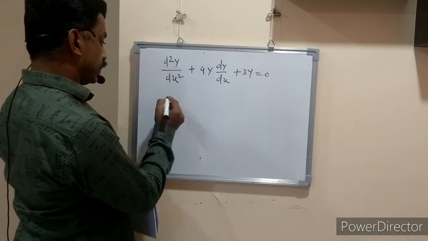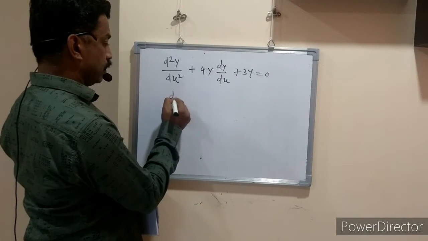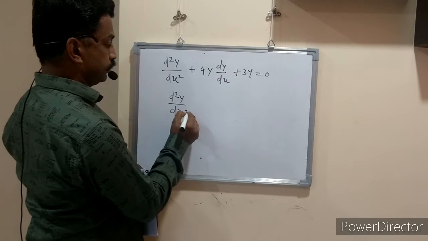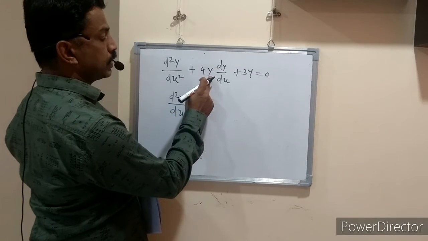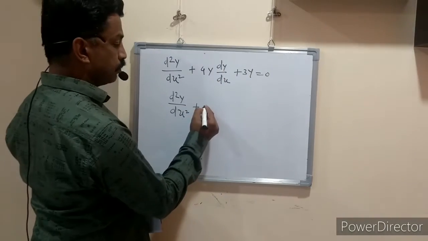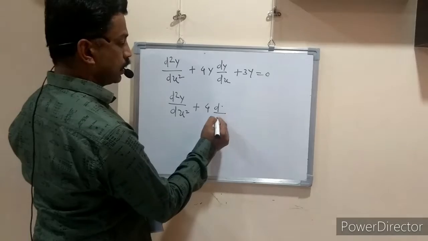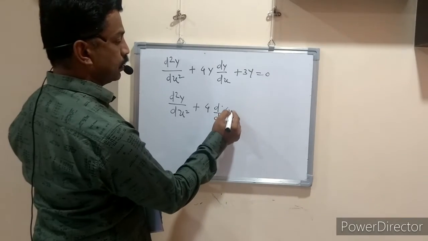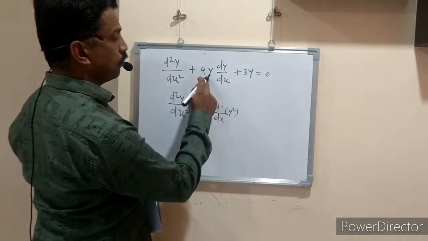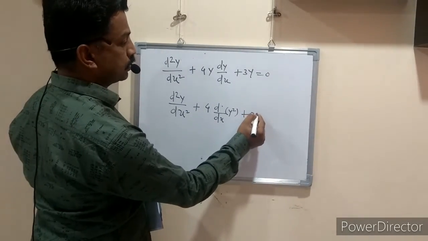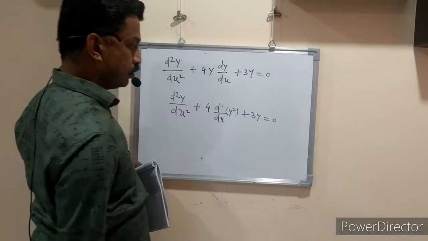First we can simplify this equation: d2y by dx square plus, since the y term is there, we can take y in bracket also, y times d by dx of y square, plus 3y equal to 0.